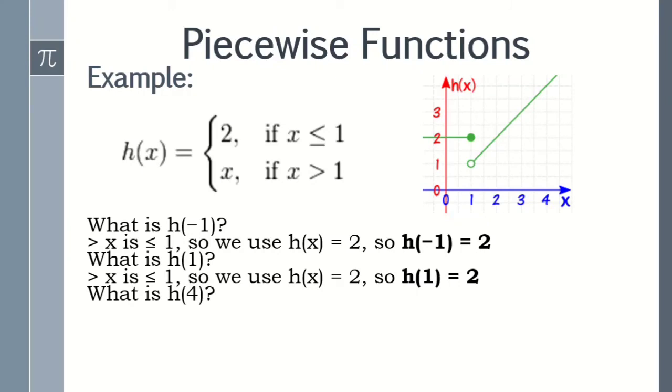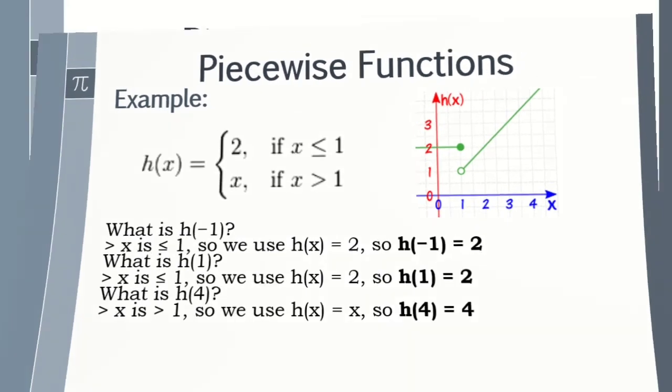What is h of 4? Since x is greater than 1, we use h of x equals x. So h of 4 is equal to 4.